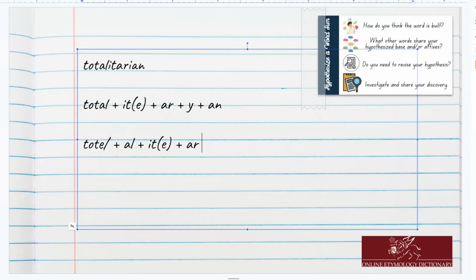When you're doing this with students, you're asking, do you know other words that make use of these same parts that you're guessing? Can you think of another word where TOTE would be the base? I can think of other words in the total family, like totally. I keep thinking of "totes my goats," but I know that's not an actual word. So that's where I'm landing at this point.